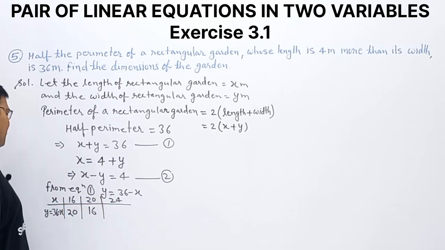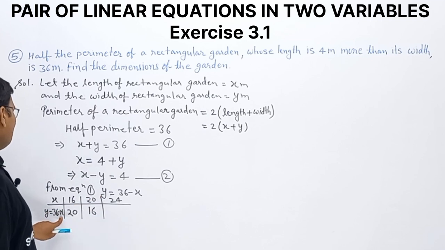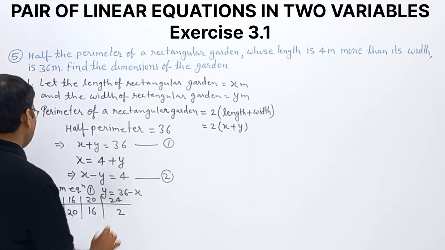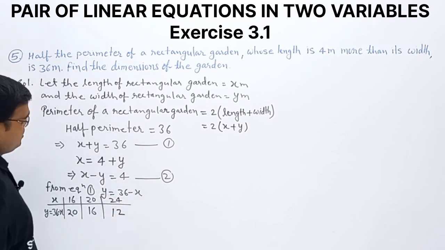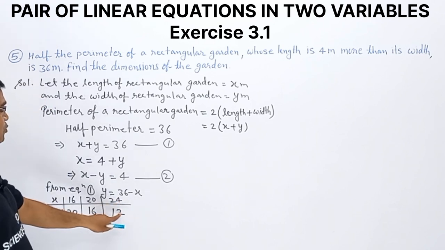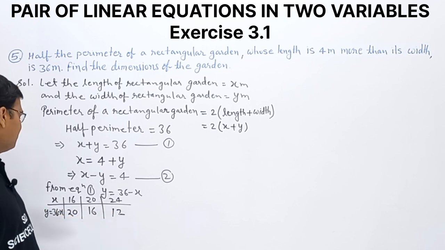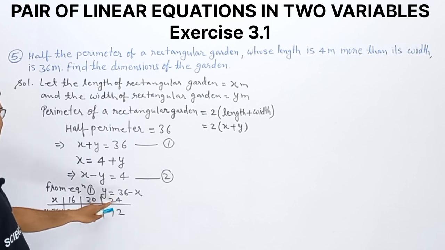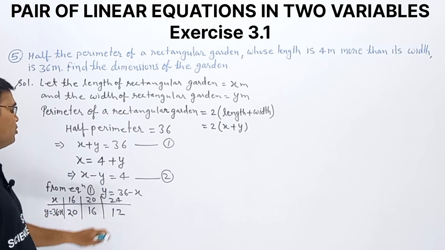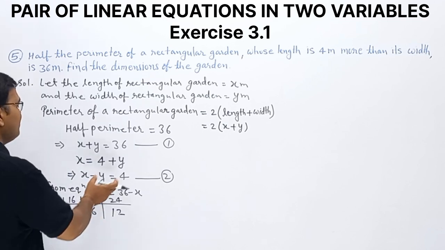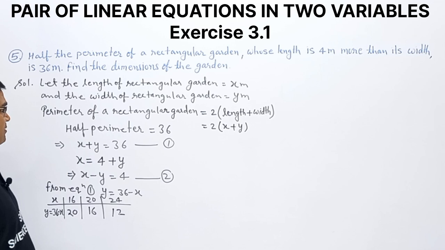Now one more value I am taking, 24. x equal to 24, then 36 minus 24 is 12. 24 plus 12 is 36. So this is the table for equation number 1.